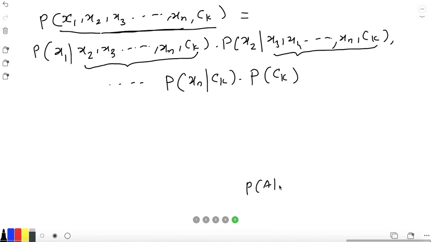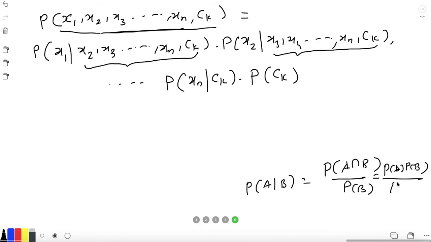Probability of A given B is equal to probability of A intersection B divided by probability of B. But when A and B are independent, this will be probability of A into probability of B divided by probability of B. So this will get cancelled, right? And that means probability of A given B is equal to probability of A.